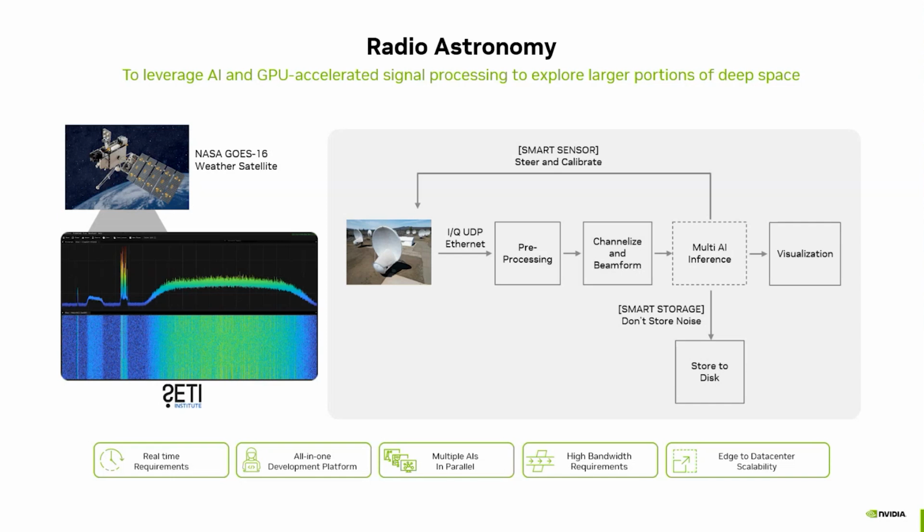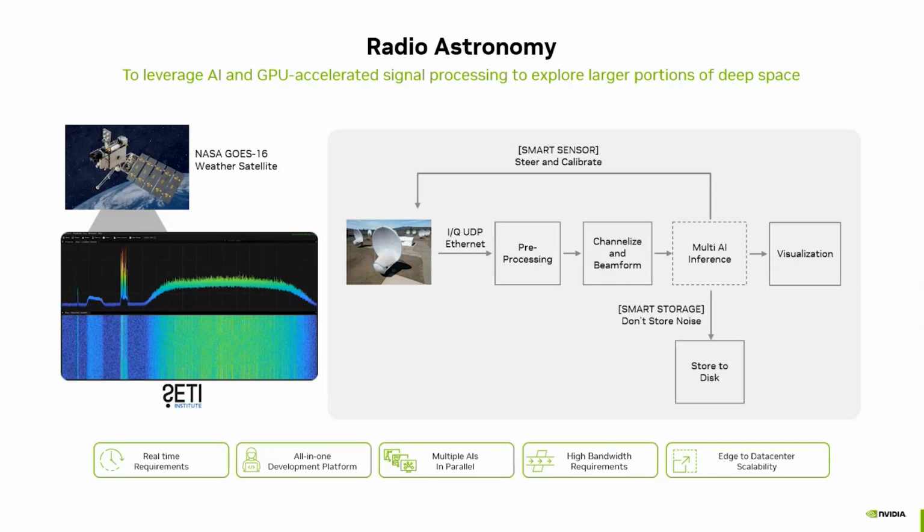But when you think about the main pipeline, you still see a sensor on one side, you bring in the data, you do pre-processing, you go through the further accelerated compute for channelize and beamforming, you do multiple AI inference. One of those AI models is going to help you to have a smart sensor, whether you are capturing the right signal or not.